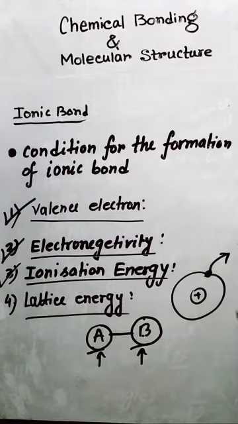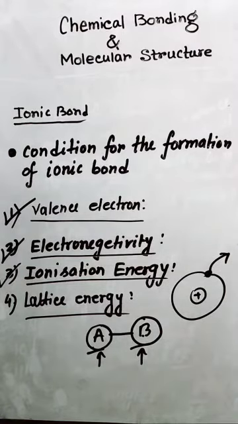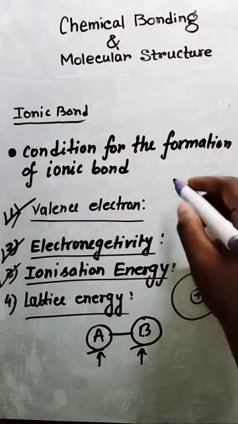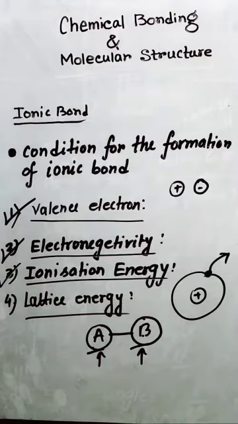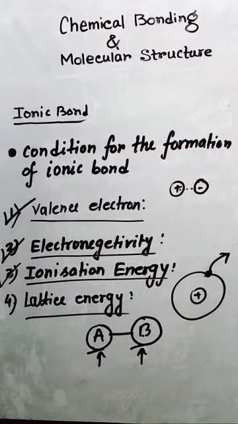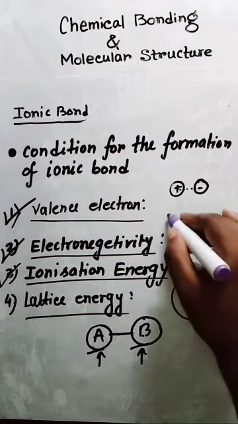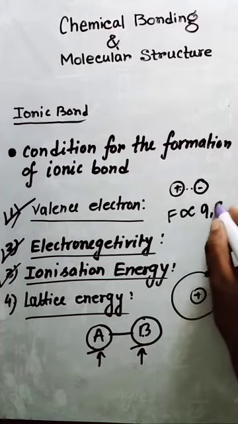And last one is lattice energy. What is the lattice energy? Ionic bond means the attraction between a cation and an anion, and this attraction is called Coulombic attraction force, and Coulombic attraction force is proportional to Q1 and Q2.